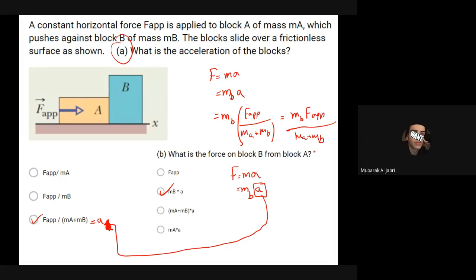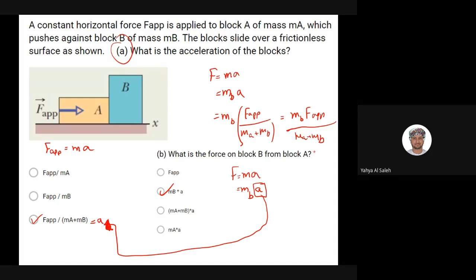Victor, can you repeat part A? Okay. Part A, we have an applied force that results in some acceleration. We want to know what this acceleration is.